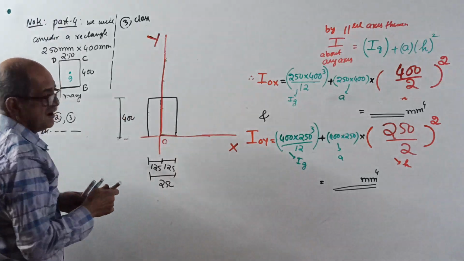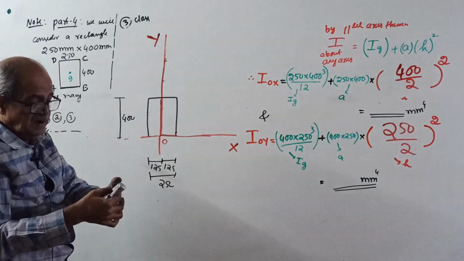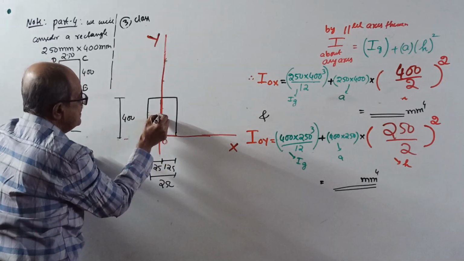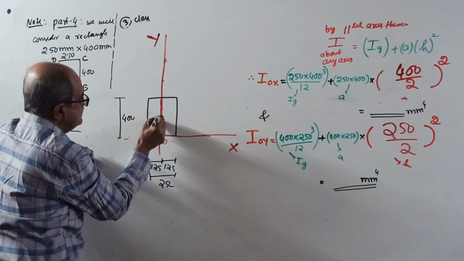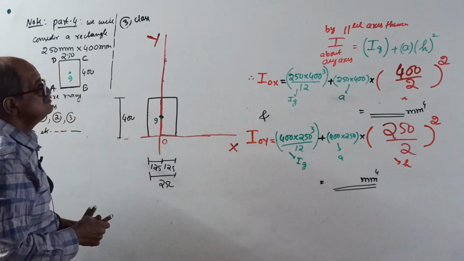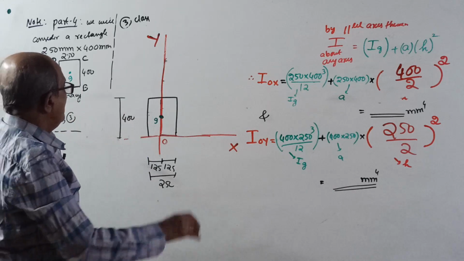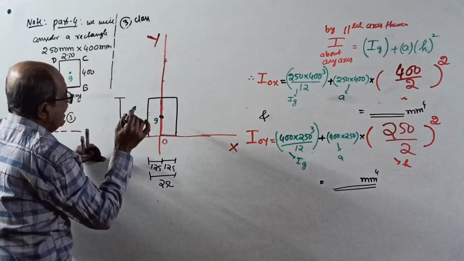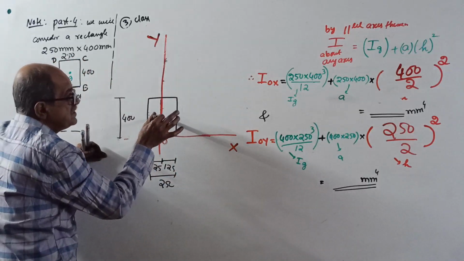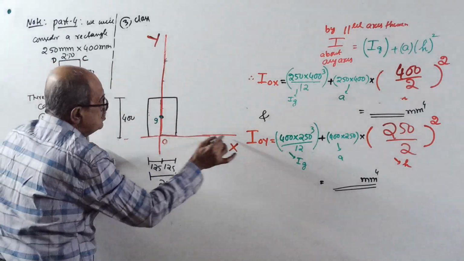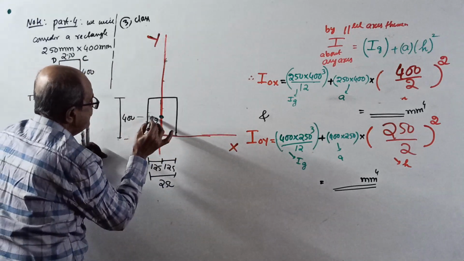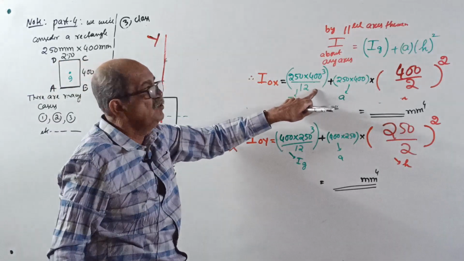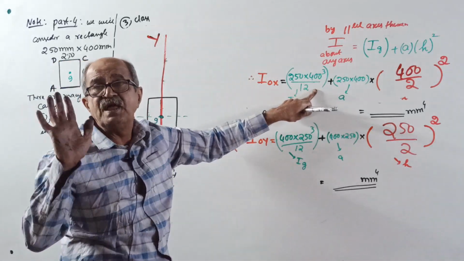Now start. Mark its centroid G first, in green color. Centroid G is here. Start with I about the OX axis. First come here, the axis passing through the centroid parallel to OX. That is 250 into 400 cube by 12. Why, I won't explain.